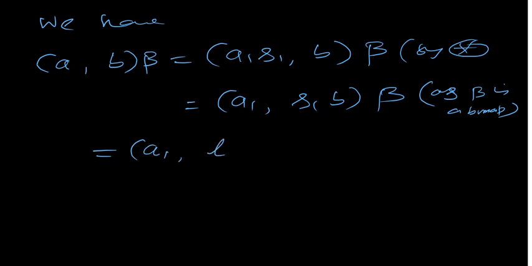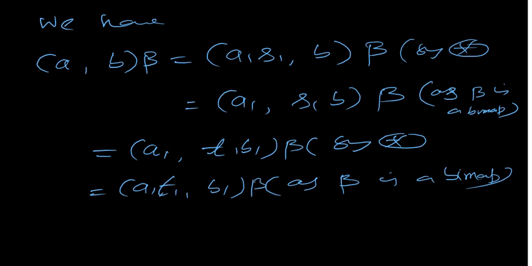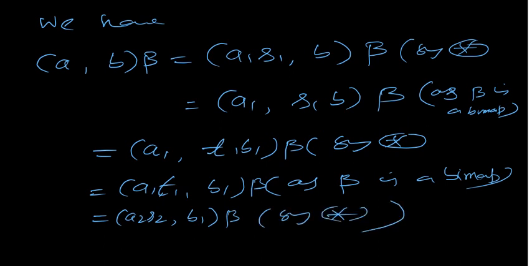It's t1 b1 by star, and again it's equal to (a1 t1, b1) of beta, as beta is a bimap. Now this a1 t1 is equal to a2 s2 by those sets of equations of b, then there is beta, by star.